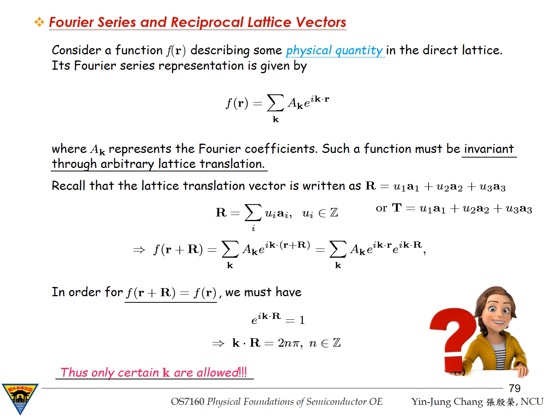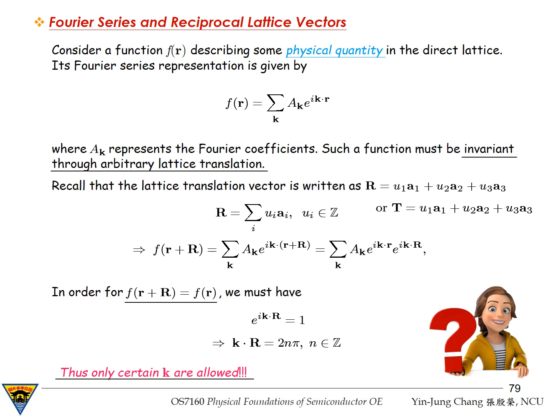At first glance, it may seem that k could be any wave vector, but the crystal periodicity imposes a strong restriction. If we translate the position by a lattice translation vector R, then f(r+R) can be written as shown in this expression, where the distributive property of the inner product has been applied.